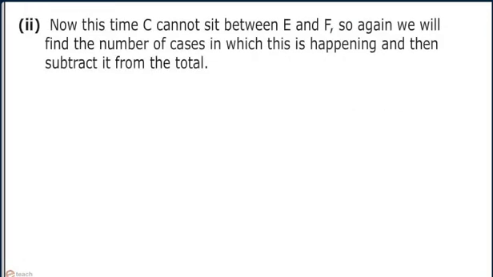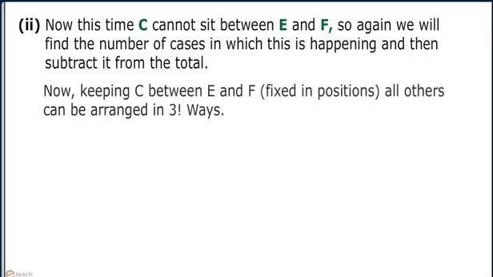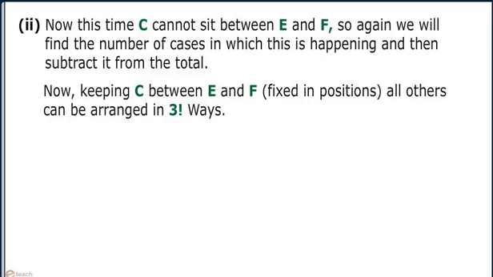Now the solution for part 2. This time C cannot sit between E and F. So again we will find the number of cases in which this is happening and then subtract it from the total. Keeping C between E and F fixed in position, all others can be arranged in 3 factorial ways.